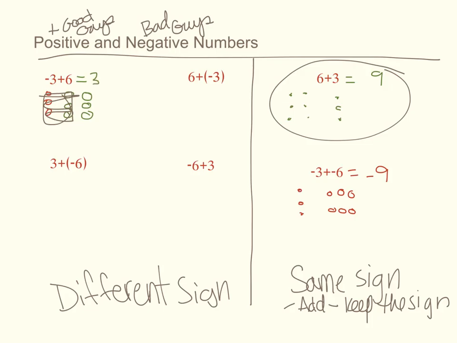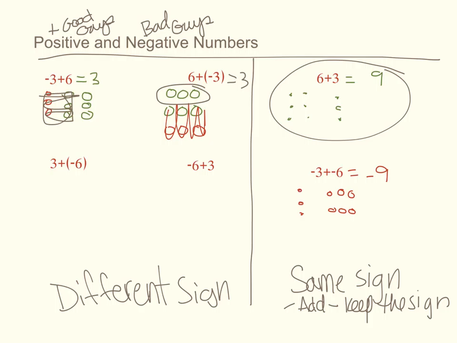So it equals 3. Let's take a look at this one. We have 6 good guys again, and we have 3 bad guys, and these guys get taken out, and again we're left with 3, and it's a positive 3 because they're the good guys.